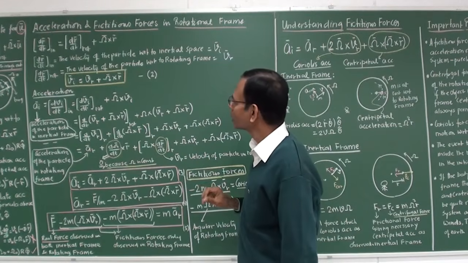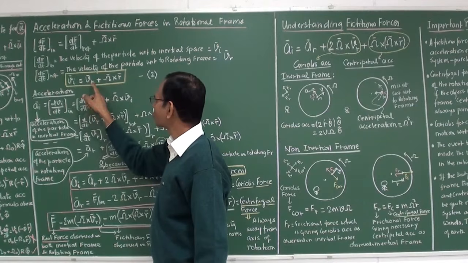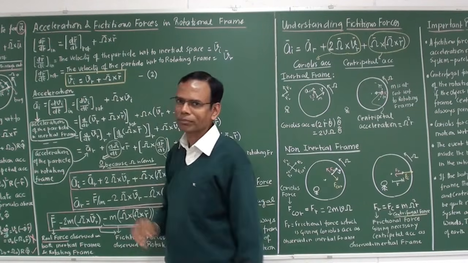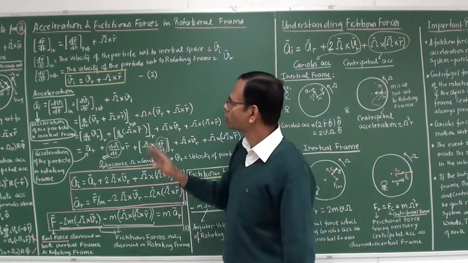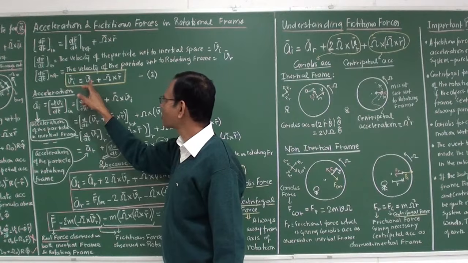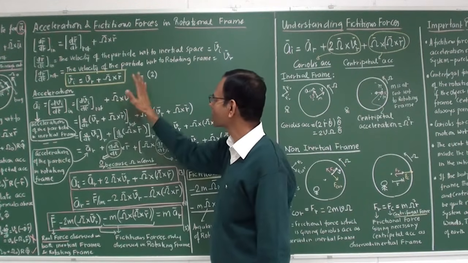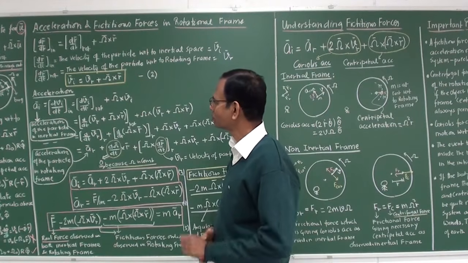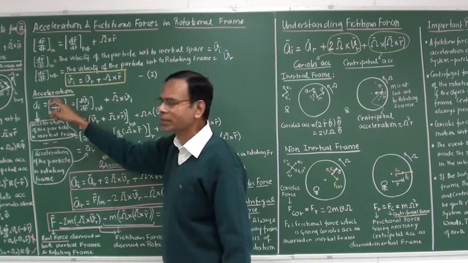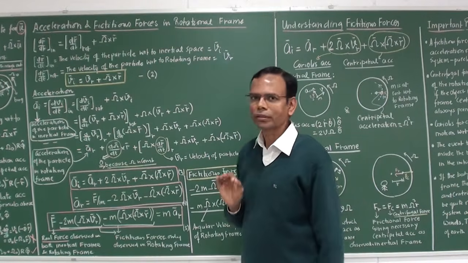If we substitute over here, we get vi vector is equal to vr vector plus omega cross r. So this gives a relation between the velocity in the inertial frame and the velocity of the particle in the rotating frame. This is an important expression. Let us number it too. Now we come to the acceleration part. That is the most important and a little bit difficult also.